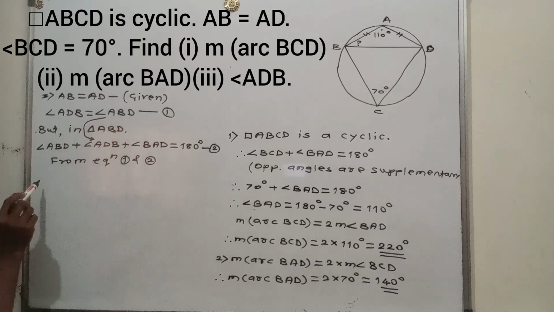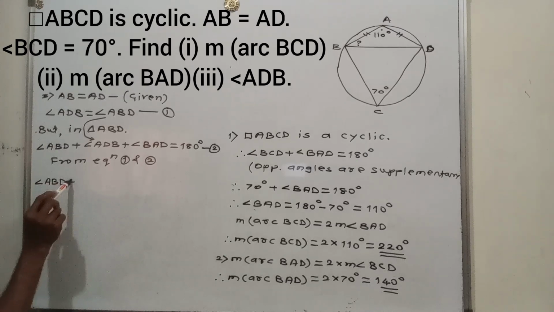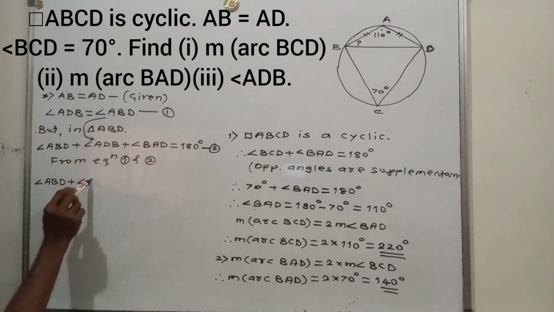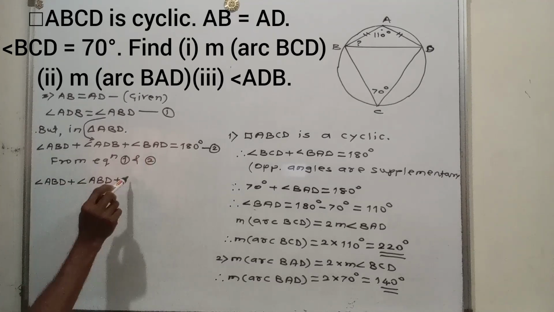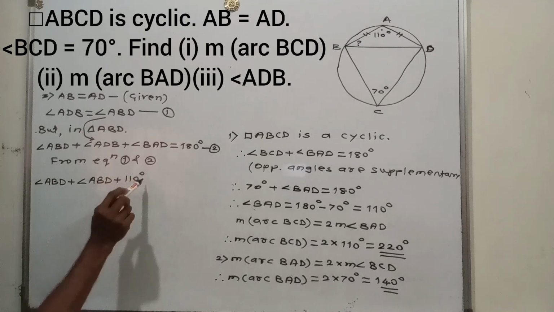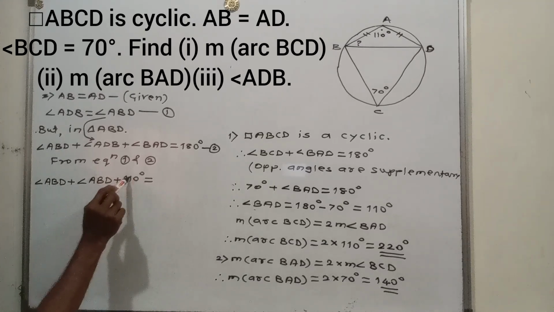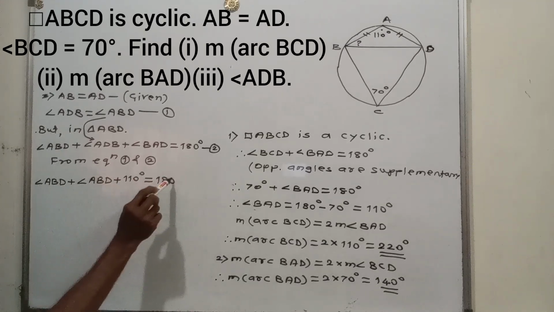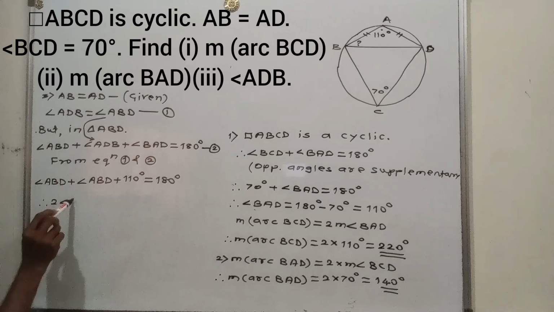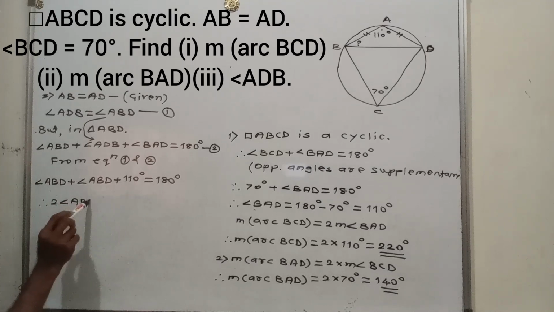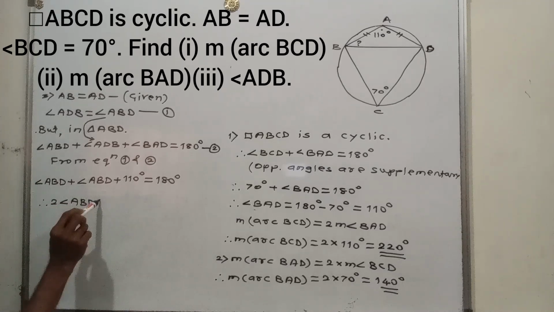The value of ABD. So angle ABD plus angle ABD plus angle BAD, 110 degrees, is equal to 180 degrees. Therefore, 2 times angle ABD.